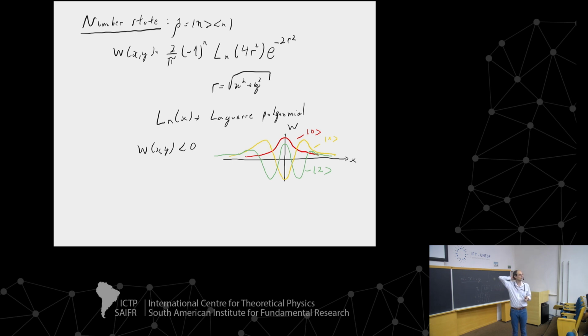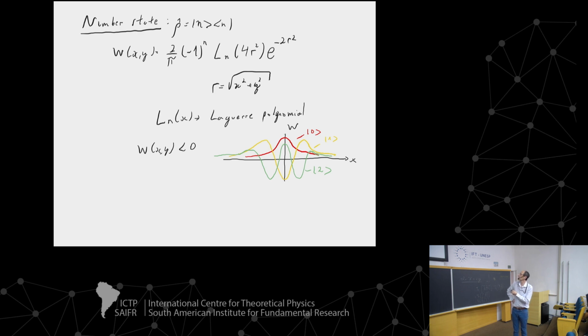There are some limitations to make calculations using only positive valued Wigner functions, or something that looks really like a probability distribution.